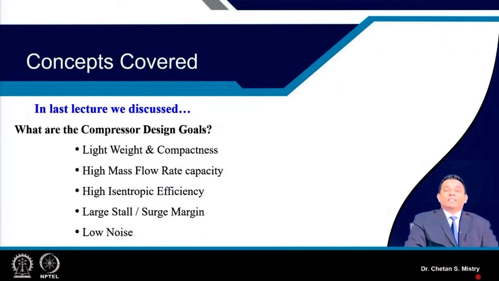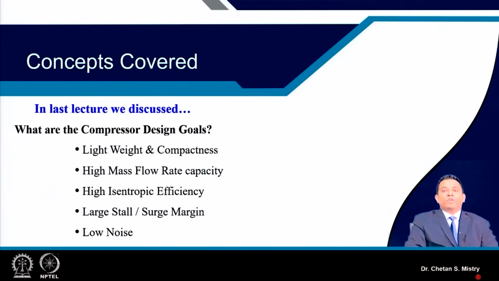During the 70s and 80s, people were happy with efficiency in the range of 88%, 85%. These days we are very aggressive in the improvement of efficiency. Many companies are claiming efficiency in the range of 90 to 92% as of today for an axial flow compressor.